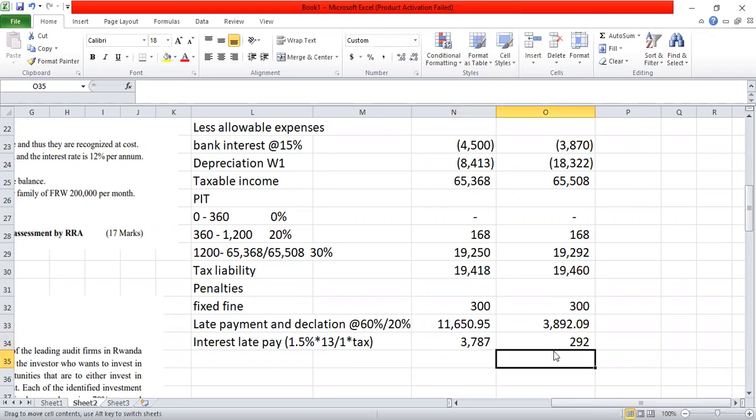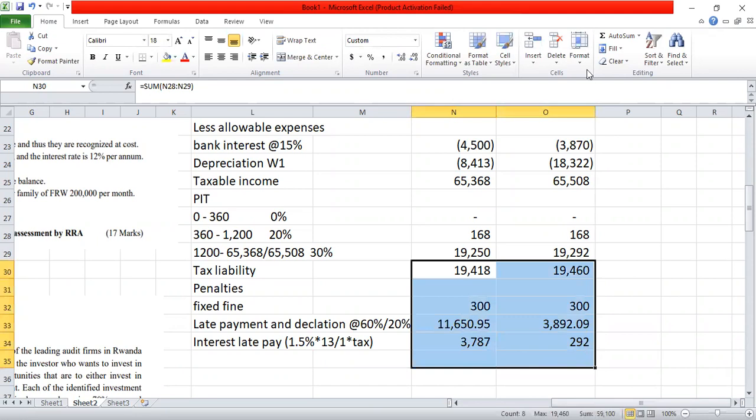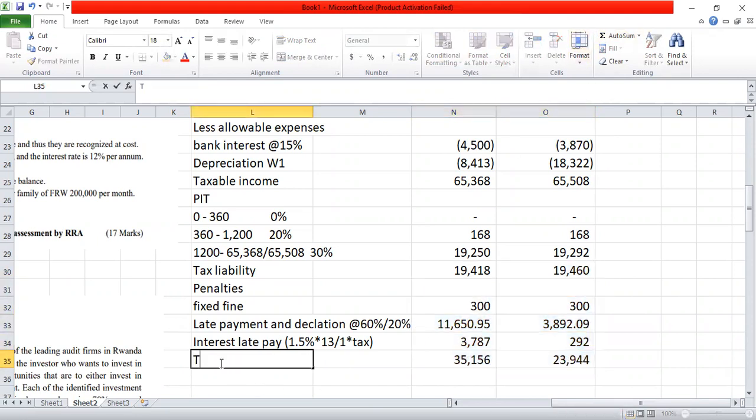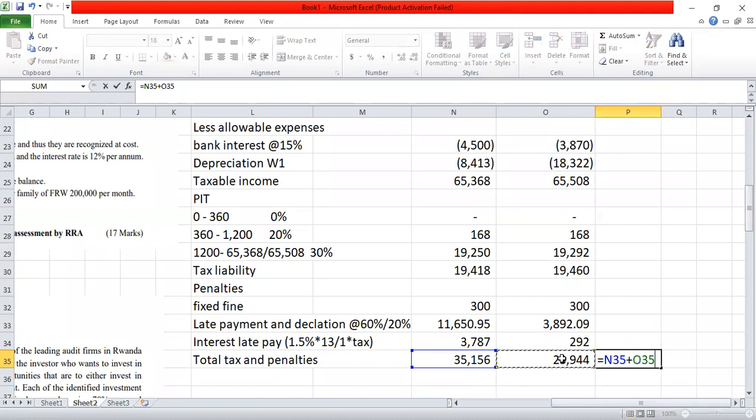So we have that. So total tax and the penalties will be that, which is the same as this plus this.